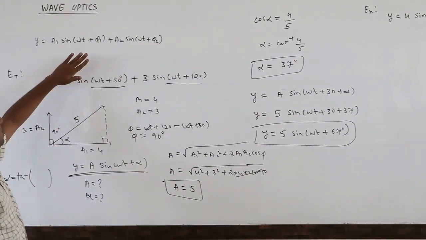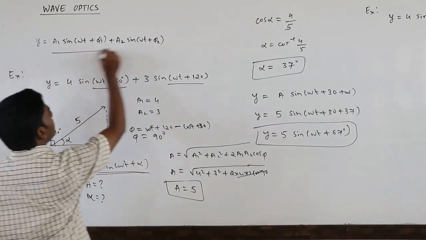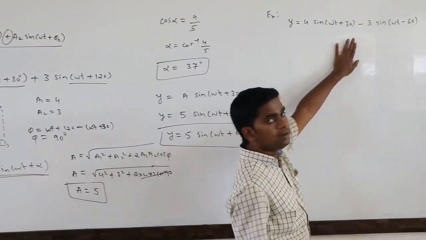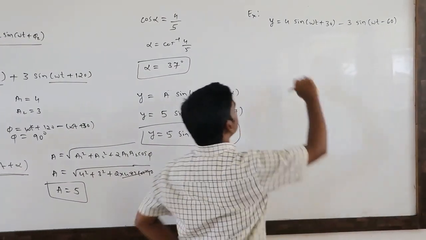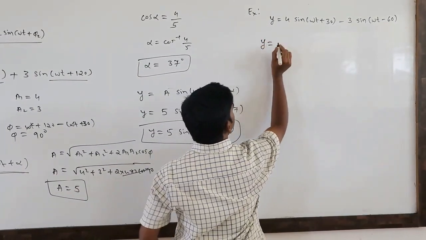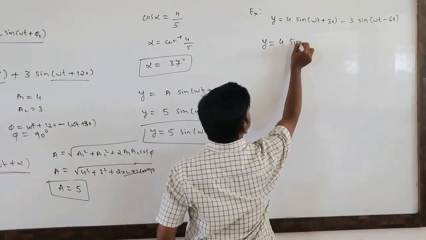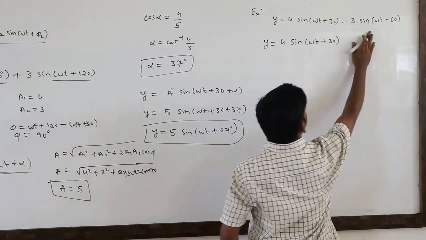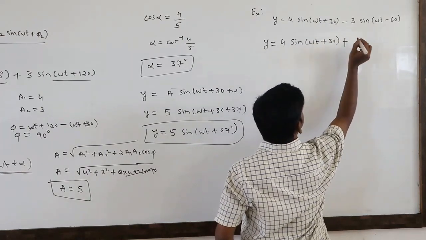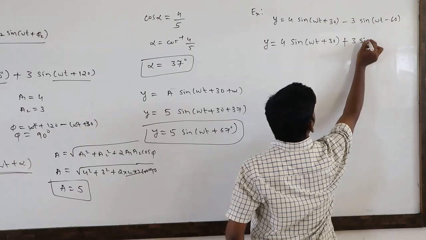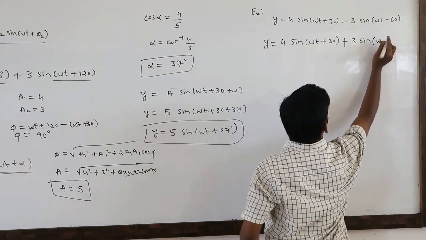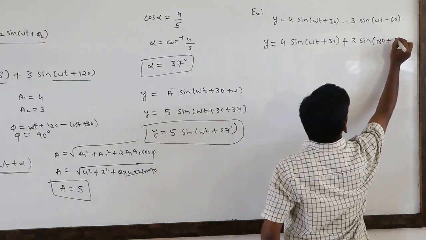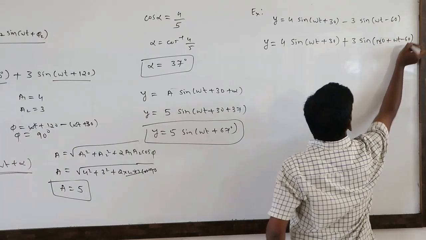We have to follow the standard format, where the sign is positive, so we should take care that it is positive. Remember this point. So I can write y equals 4 sin(omega t plus 30) plus 3 sin(180 plus omega t minus 60).